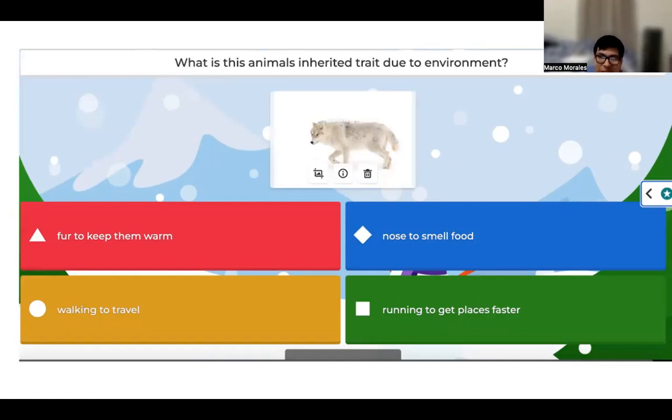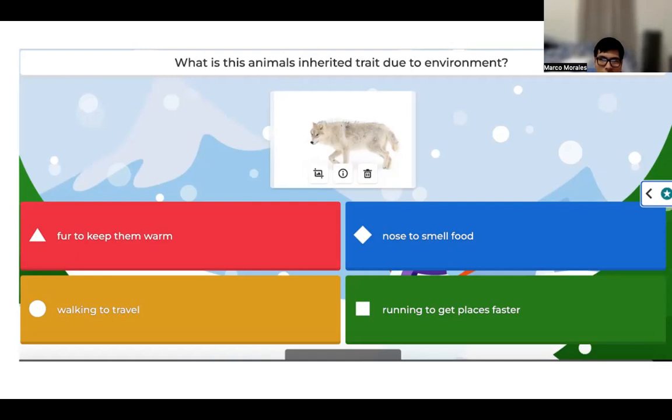That's particularly true. The wolves do inherit their nose through parents, like to sniff and stuff. But is it due to environment? I think you can make the argument it's not, because noses are used to smell. It's not a trait that's associated with the environment.